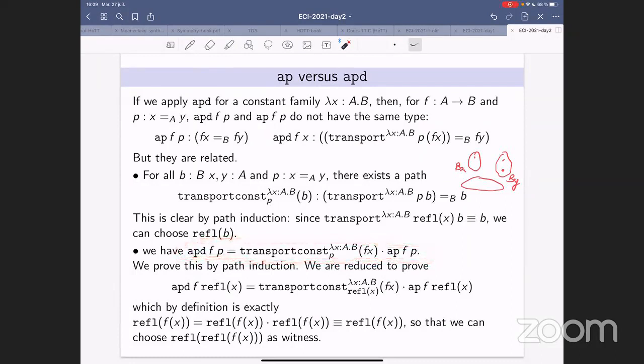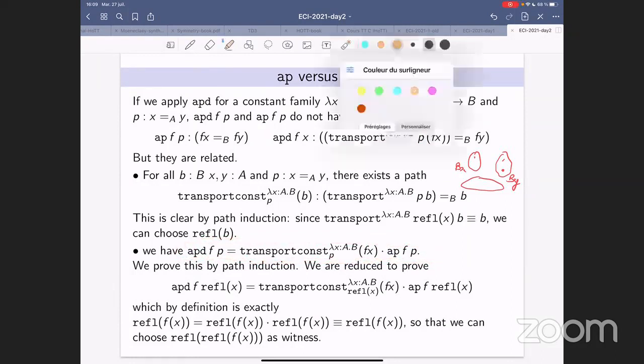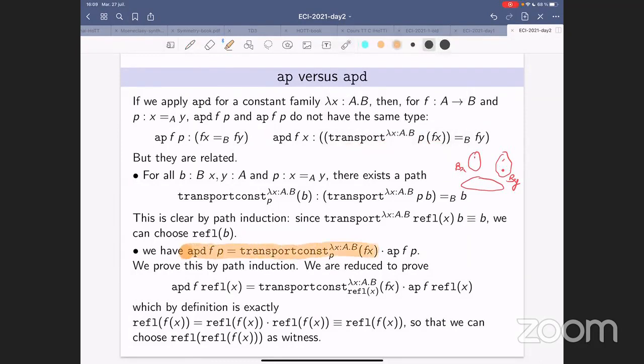One can prove this property here, that app D is obtained by concatenating this witness of coercion with app.